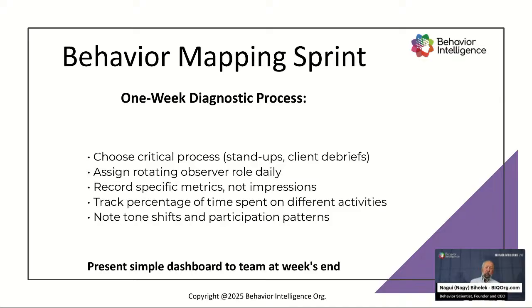And then we get into the data collection, which is the metrics. So you've picked one thing, you've decided on the rotation. We also do a peer-to-peer arrangement. So we put two people together, or three, and we say, you guys are going to do observation because you work together.